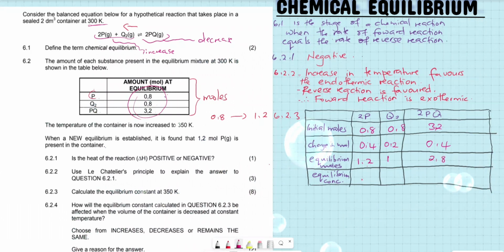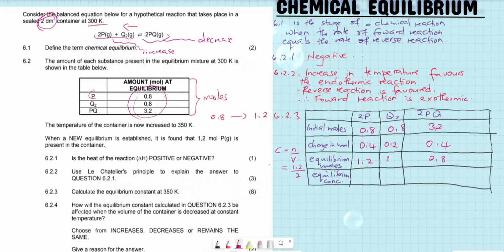Now we want to calculate the equilibrium concentration. For concentration, we use the formula number of moles over volume, where we use the number of moles at equilibrium. So this will be 1,2 over, in the question we are told that the reaction is taking place in a sealed 2 cubic decimeter container.